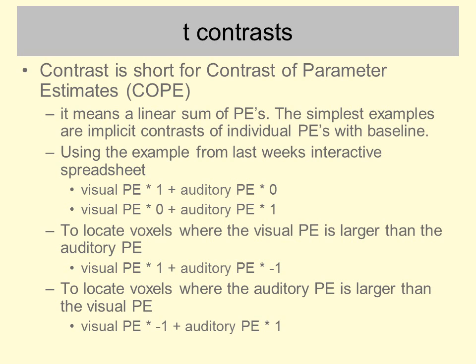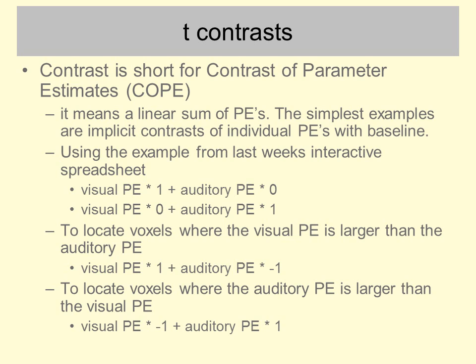Now, if we were interested in doing something that we didn't do in that spreadsheet, which was to explicitly compare the visual parameter estimate with the auditory one to try and find voxels that were more active in the visual condition than in the auditory one, we could do visual PE times 1 plus auditory PE times minus 1.